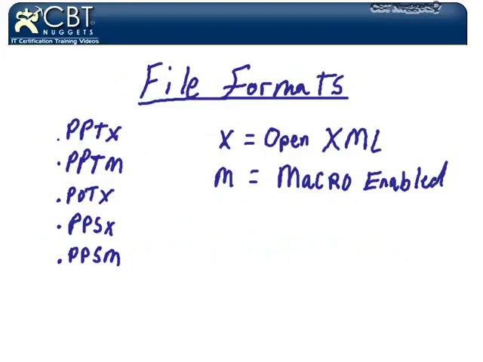Alright, so what's the big deal about this whole thing about file formats? Because I'm sure those of you who have been using PowerPoint for a while, even here in 2007, you'll notice things like, well, it's in compatibility mode, and what does that mean? And if I want to save this for an older version of your Office products like PowerPoint 2003 or XP or 2000.